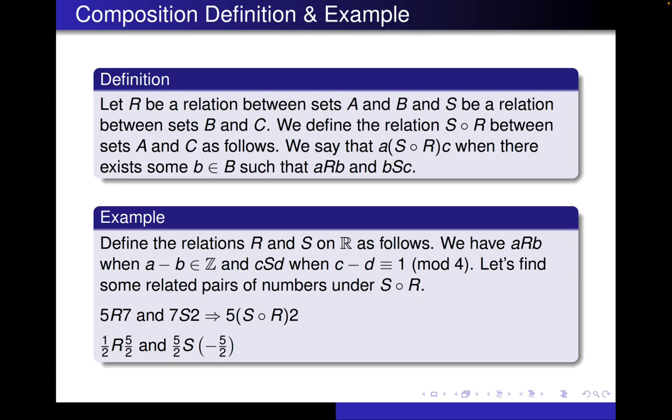If you take 5/2 minus -5/2, you have to cancel those negatives. You end up with 10/2, which is 5. 5 is congruent to 1 mod 4, so those are related under S. And therefore, for S circle R, you take the first one on the left, 1/2, and the last one on the right, -5/2, and that tells you that 1/2 is related to -5/2 under the relation S circle R. Kind of sneaky, but that's the way it goes.